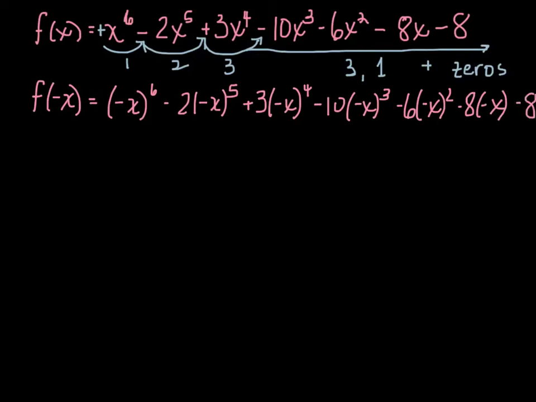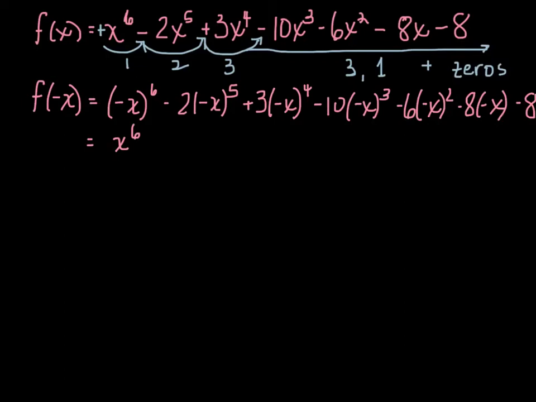And I'm going to go ahead and put the negative x's to the 6th or to the 5th or to the 4th, whatever. So negative x to the 6th is actually going to end up to be positive x to the 6th, because negative times negative times negative times negative times negative times negative is a positive.